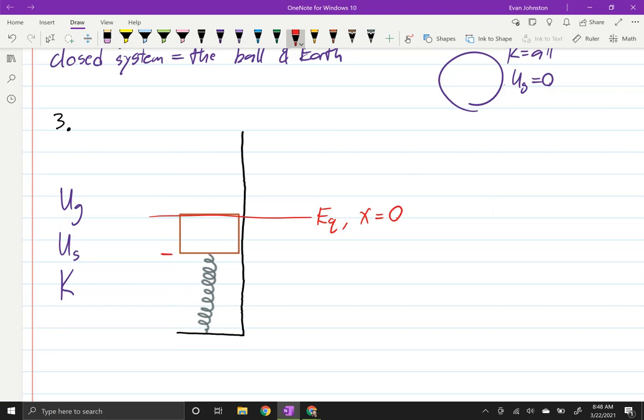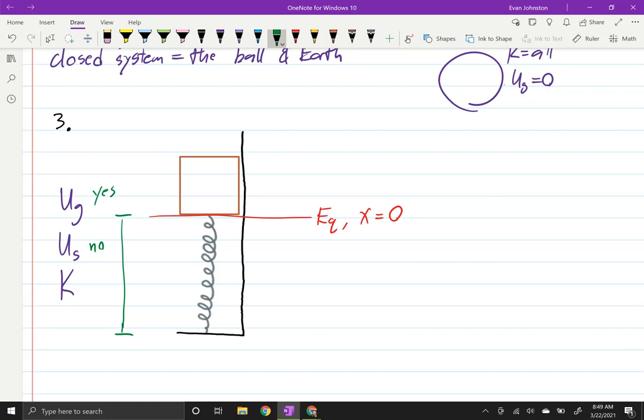Depending on how you set it, the box may have different kinds of energy. Now, when I look at it here, I would say it does have some height, from here all the way to here. So that means it does have potential energy. I would say yes to potential energy due to gravity. Right here, I would say it's a no for spring energy.